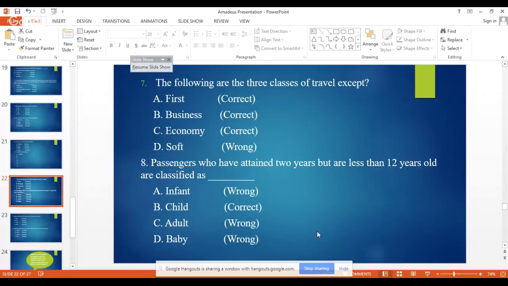Option C, adult. We said an adult is 12 years old and above, so option C is wrong. And D, baby, is also wrong as well.